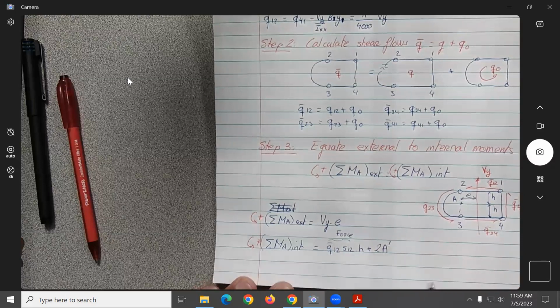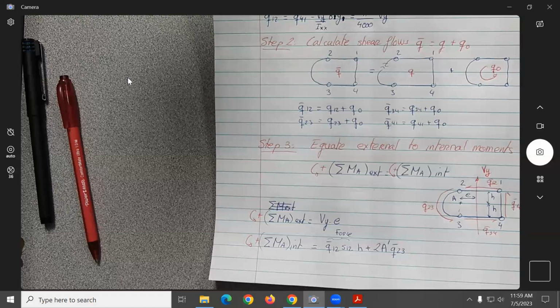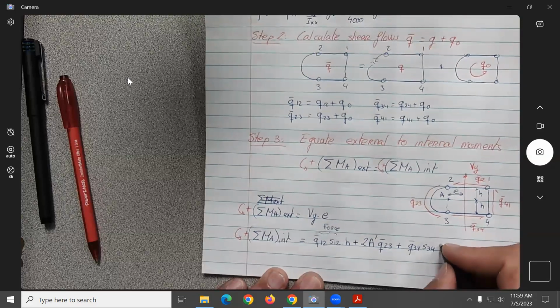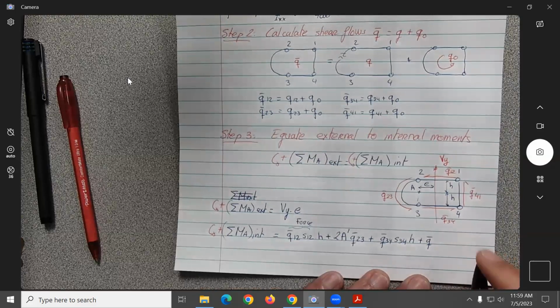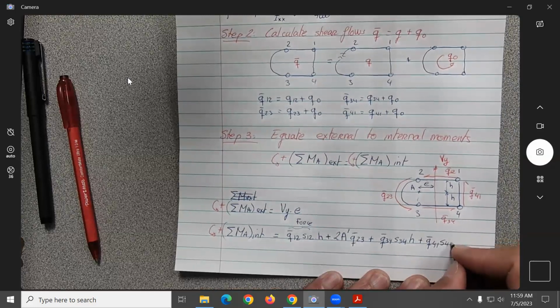Okay, so what did we say was the moment for this Q23, no? 2A prime Q. Now we go around the other ones, plus, now we do what? 3,4, so that should be equal to what? Q bar 3,4 times S 3,4, also counterclockwise times H, plus Q bar 4,1, times S 4,1, and this time what should be the arm?